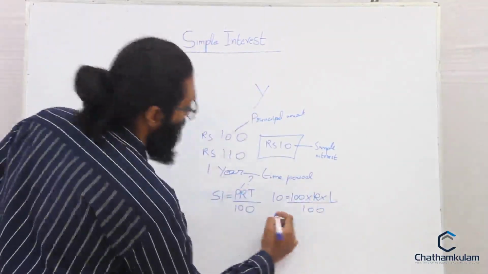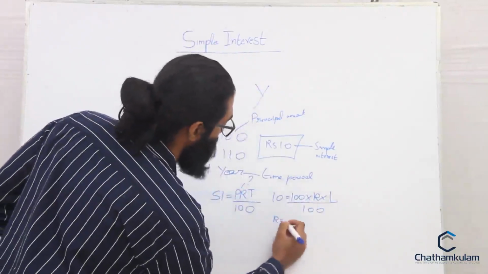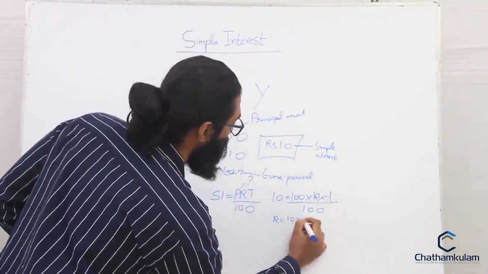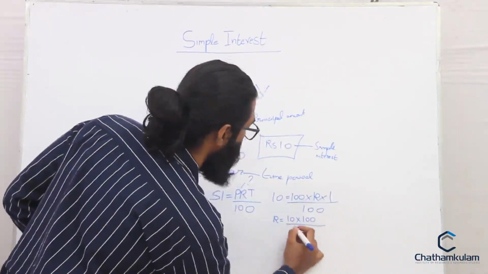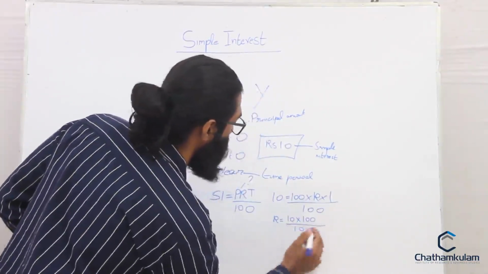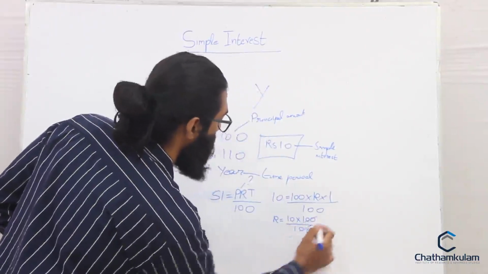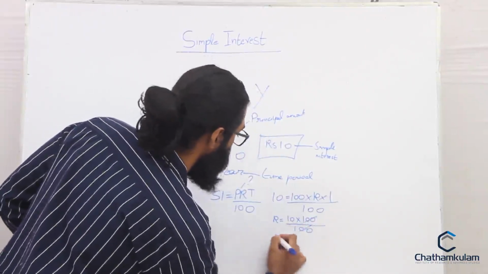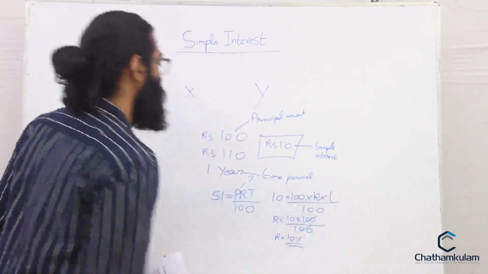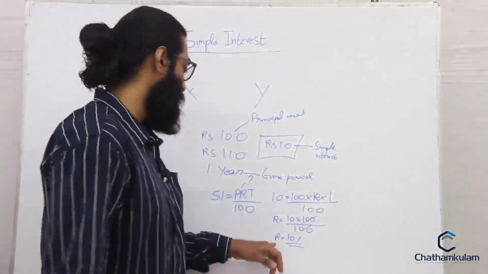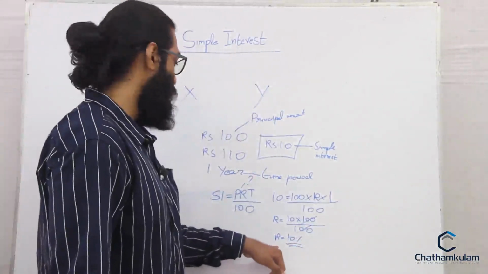So we get R equals 10 into 100 divided by 100. We cancel 100 and 100 and we get R as 10%.